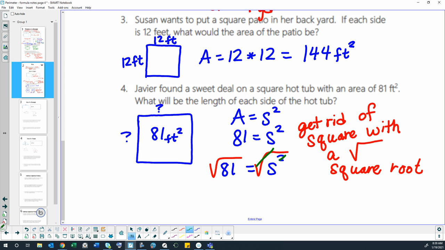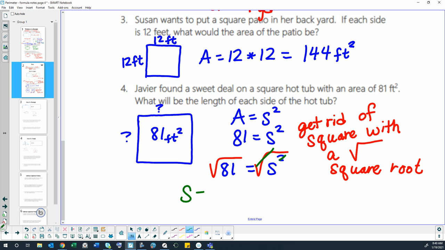Now technically when you take the square root of a number, you get two answers, a positive answer and a negative answer. But we're talking about the length of a hot tub. Do we care about the negative answer? No, because this is a real life square with a positive length. Sometimes it makes sense to remember there's a negative answer, and other times it really doesn't matter at all. So we're not going to worry about it in this case.